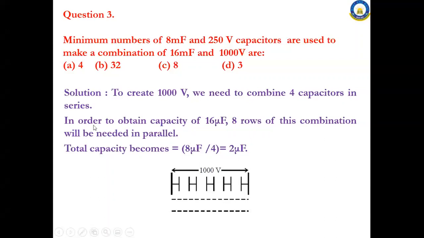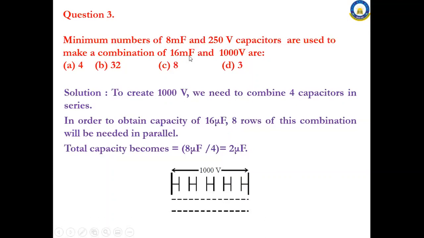To obtain a capacitance of 16 microfarad, we need 8 such rows in parallel. Parallel, because you know that the parallel combination of capacitors gets added up, right? So each of 2 microfarad, we take 8 rows, then it sums up to 16.